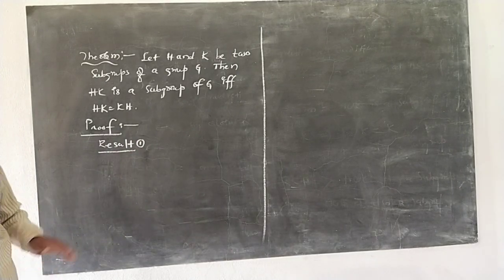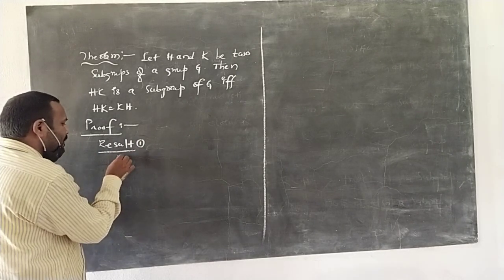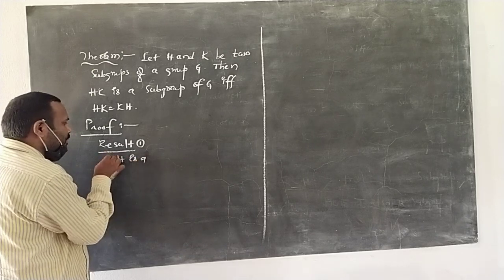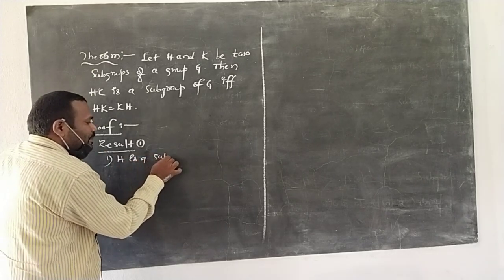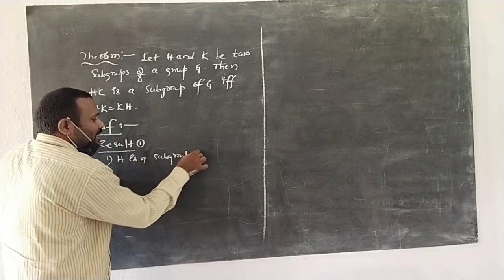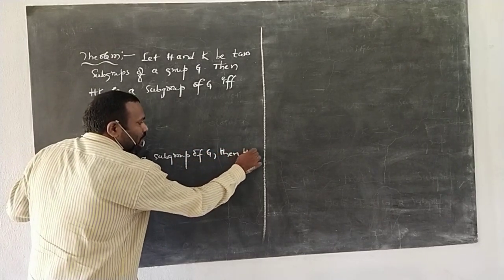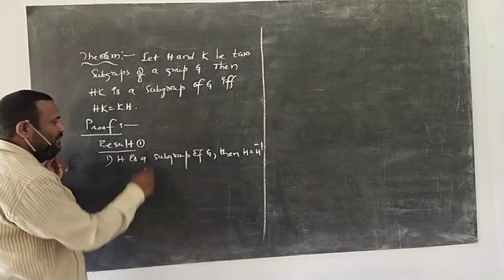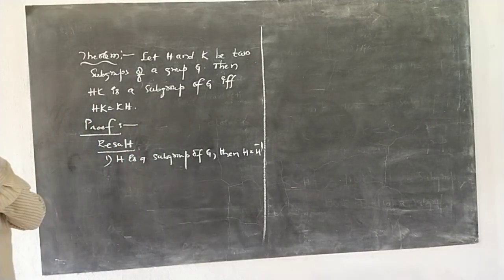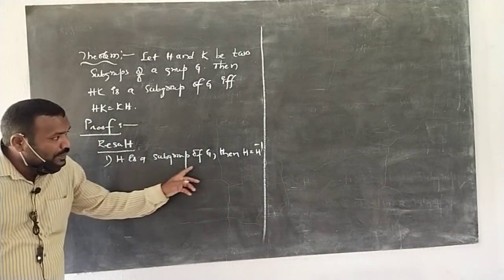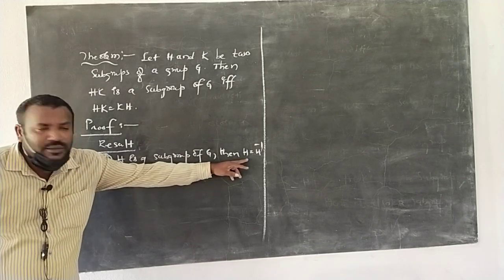What is the first result? If H is a subgroup of G, then H equal to H inverse. This is the first result we use in this theorem.